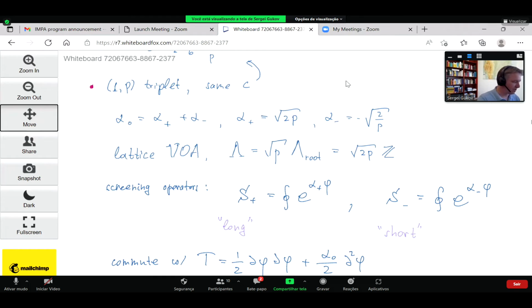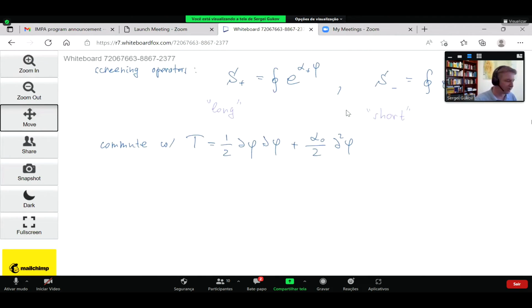So in particular, you can verify that this T, its own commutation relations produce Virasoro with a central charge as mentioned before in terms of the value of p. And also, as claimed, that these screening operators S plus and S minus commute with T. Okay.